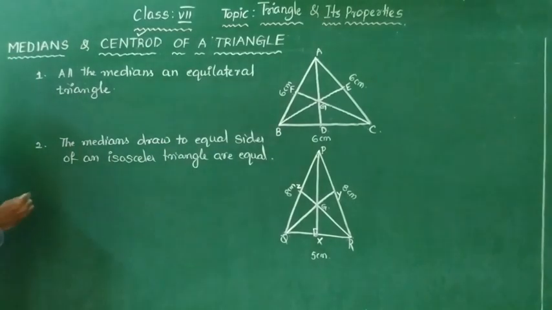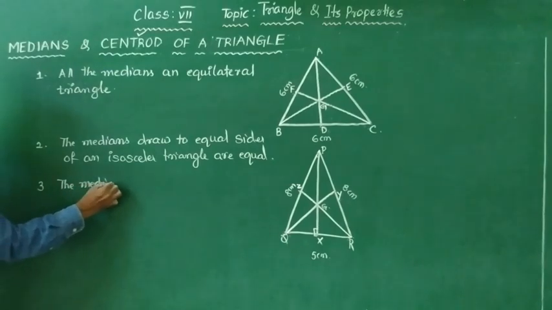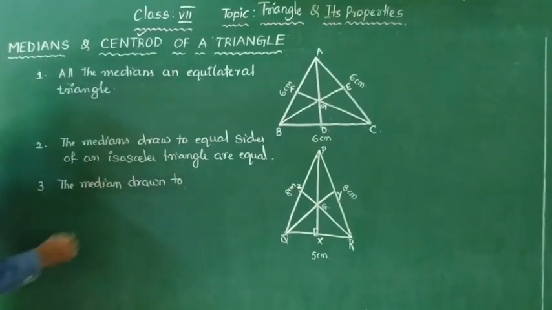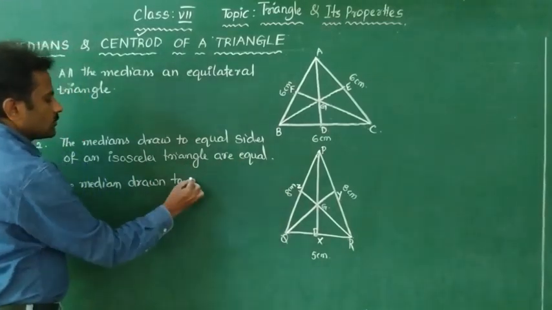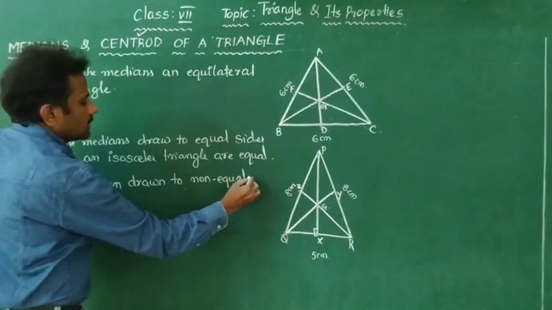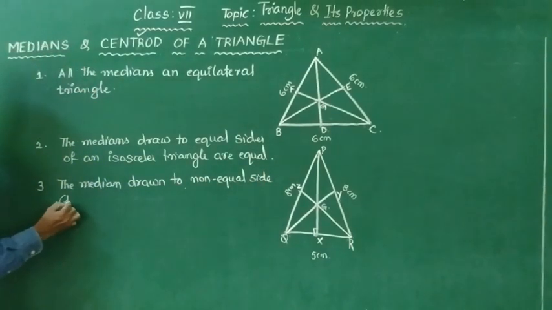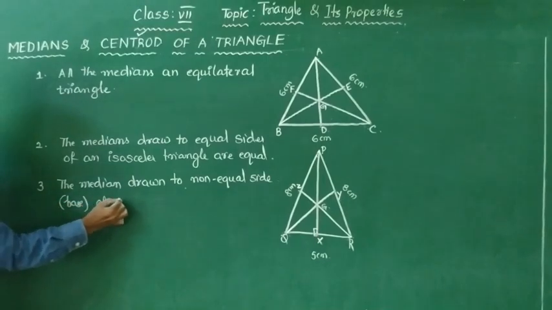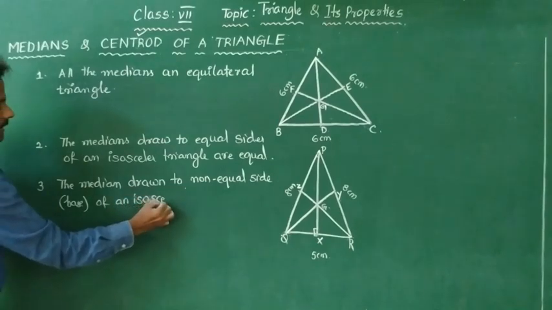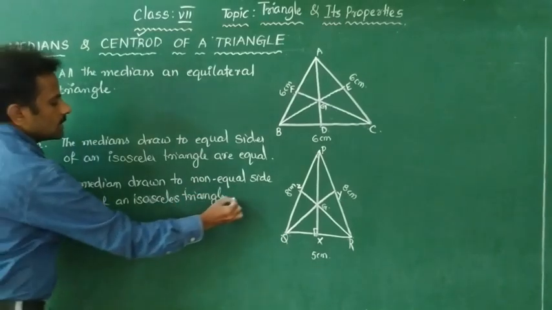So here we can say that the median drawn to the non-equal side of an isosceles triangle, this non-equal side sometimes we take as the base, is perpendicular to it.